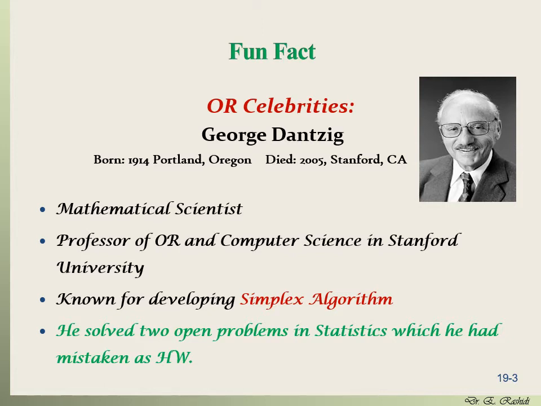Also, one fun fact about George B. Dantzig, to give you an idea how smart this guy was: in one of his classes at the university, he was late. When he got into class, the professor was already assigning some problems to students. This is what he thought. So there were problems on the blackboard that George wrote down, and he thought that those problems were homework assignments. After school, he went home, worked on them, solved the problems, and brought them back.